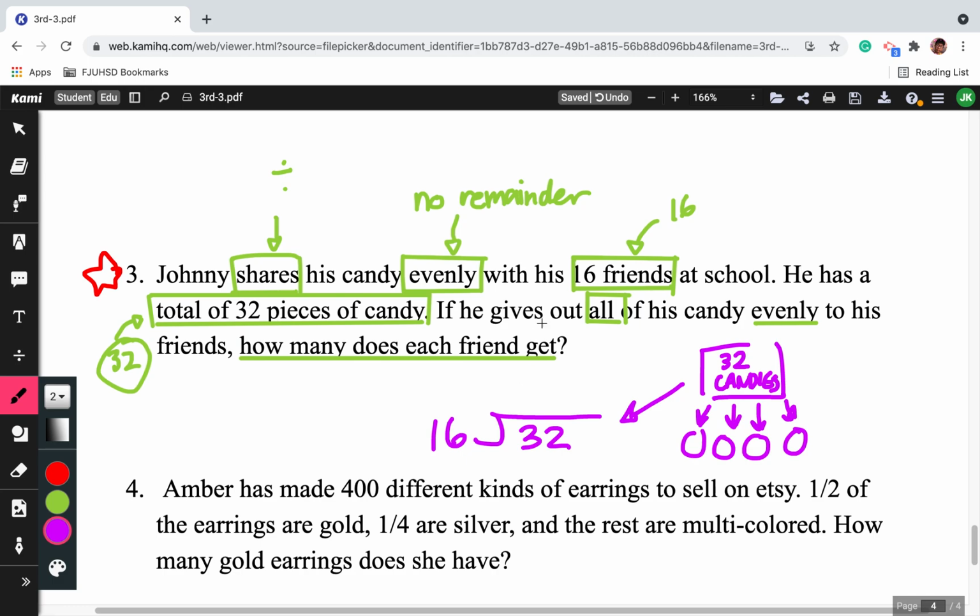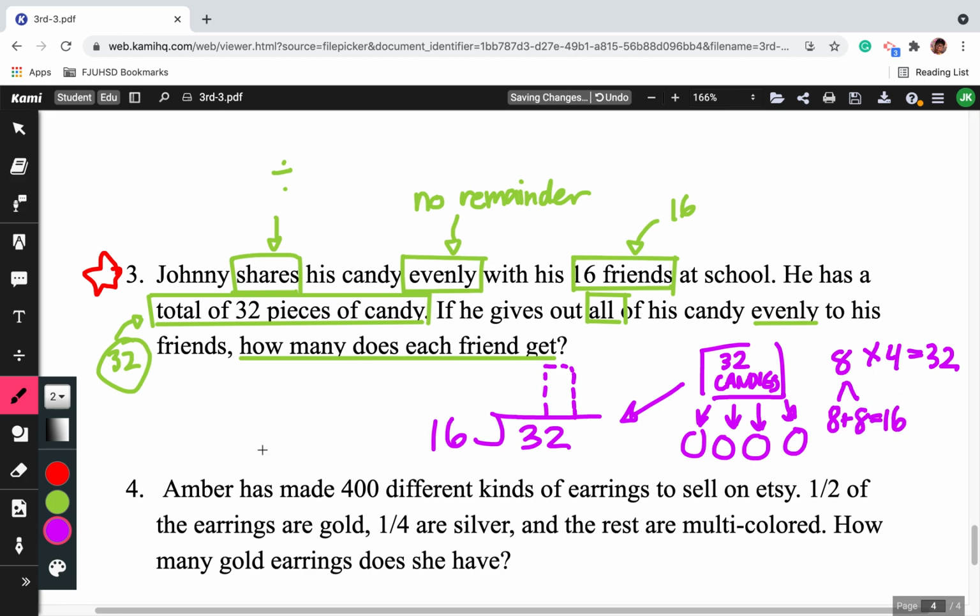Okay, so we're going to work on this now. Since there are 2 digits on the left, we're going to put our number on the second digit. How many times can 16 go into 32? Well, we do know that 8 times 4 is 32, and 8 plus 8 is 16.